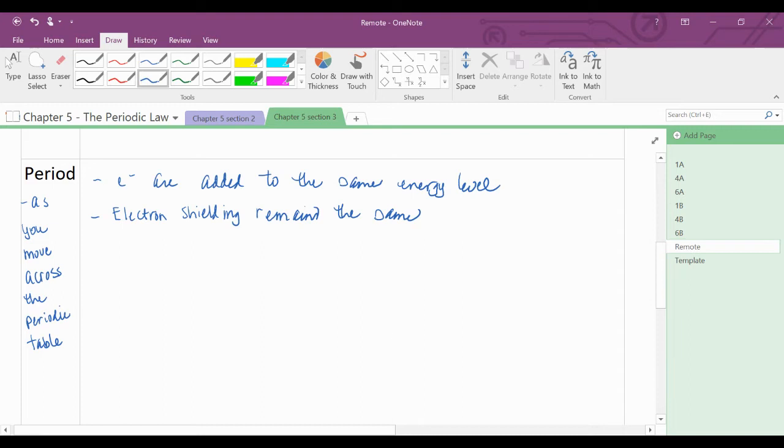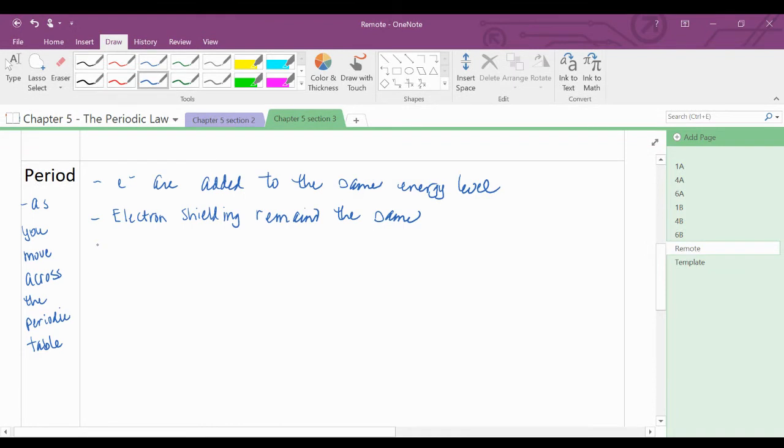Okay, so if it's not electron configuration, then let's look at what else we could have going on here. We know that as we go from one element to the next on the periodic table, the atomic number is changing by 1. And we know that the atomic number represents the number of protons. So in other words, the amount of positive charge is increasing by 1. So we have an increase in positive charge.